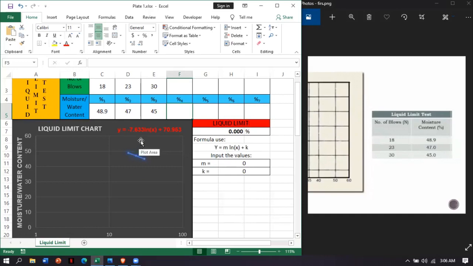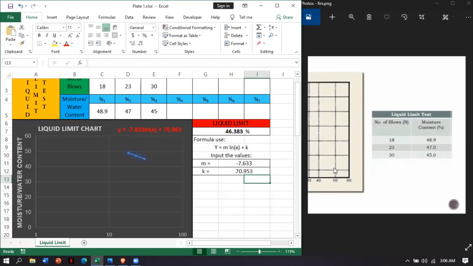To get the liquid limit, we're going to copy the m, which here is negative 7.633, and the k here is 70.953.